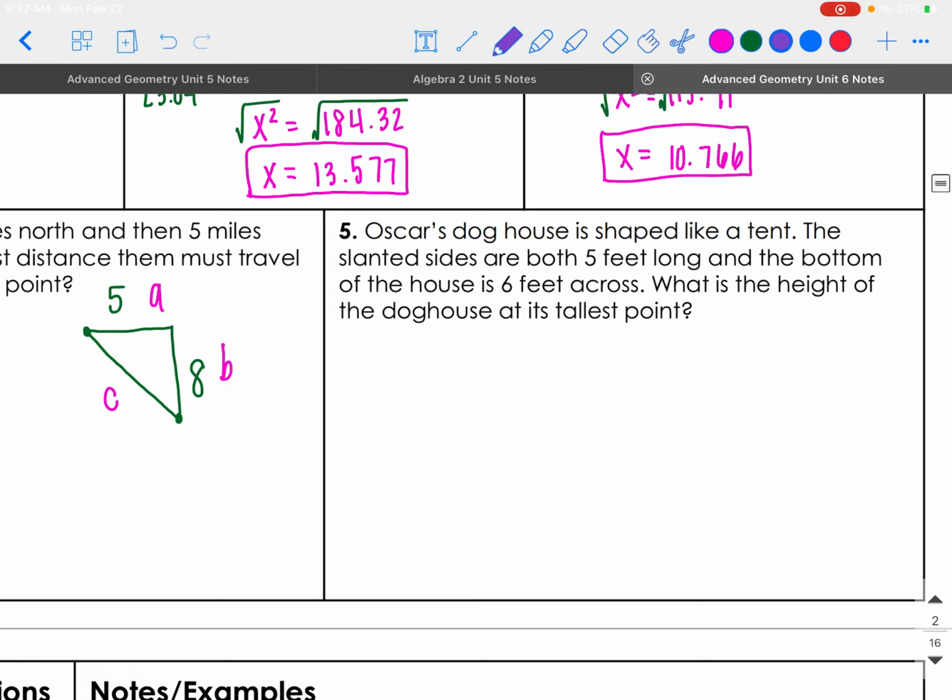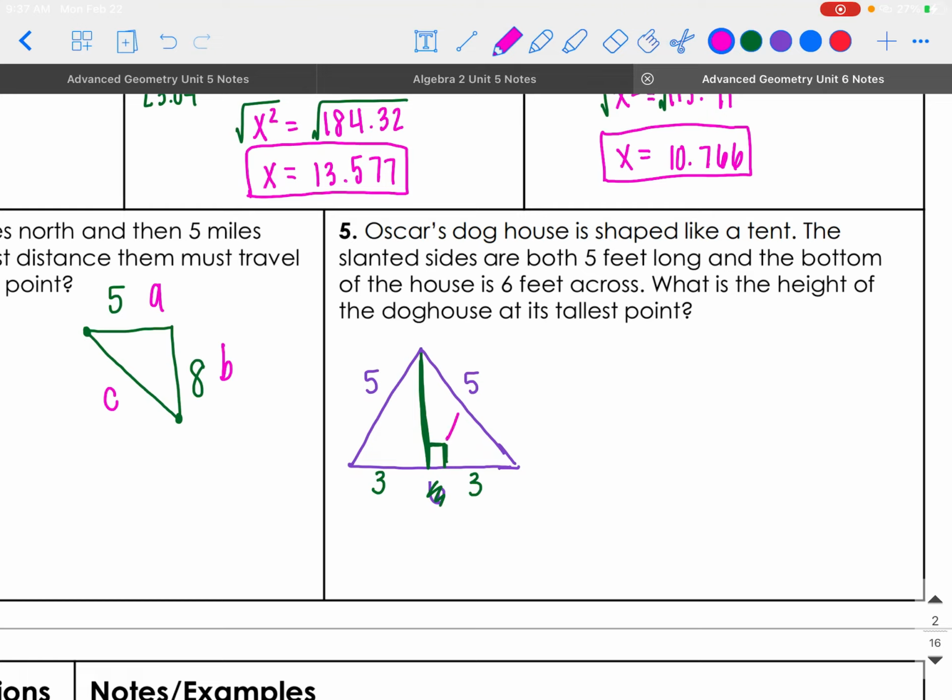Oscar's doghouse is shaped like a tent. The slanted sides are both 5 feet, and the bottom of the doghouse is 6 feet. We want to know the height. So basically we have 2 right triangles, and each side would be 3.